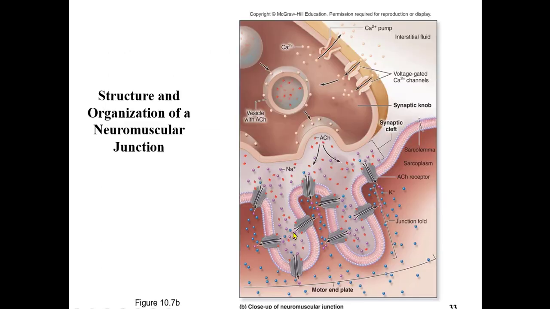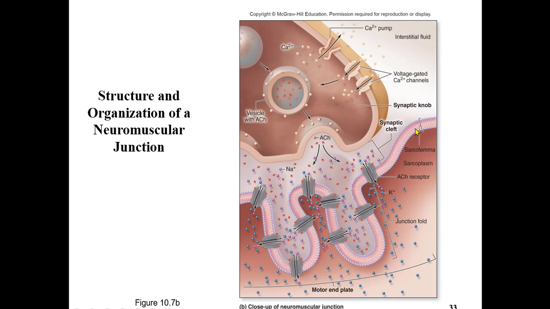Okay, here's an enlarged view of the same thing. Up here at the top is my synaptic knob or synaptic end bulb, just like the fingertips hovering over the table. This is the space I mentioned before between the fingertips and the table, called the synaptic cleft.